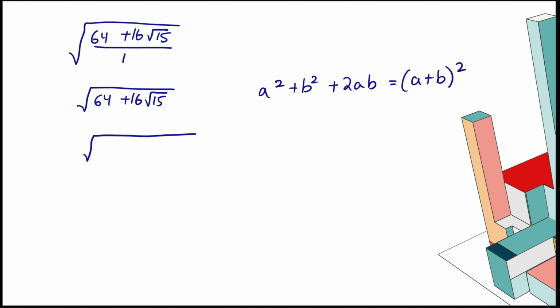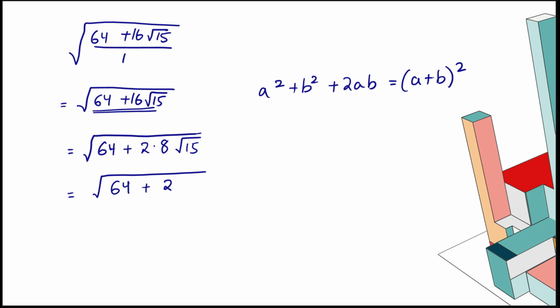We are converting it into a square plus b square plus 2ab. To do that, we can rewrite 16 as 2 times 8 and then square root of 15. The next step: square root of 64 plus 2, and then you can write 8 as square root of 8 square, and then square root of 15.